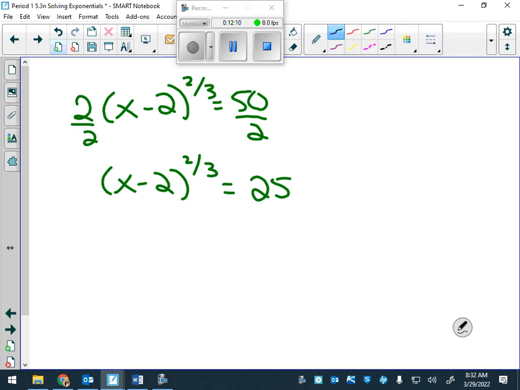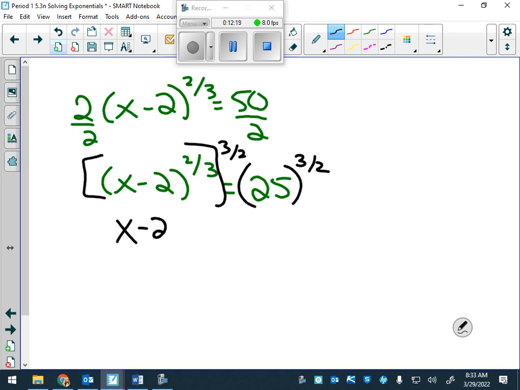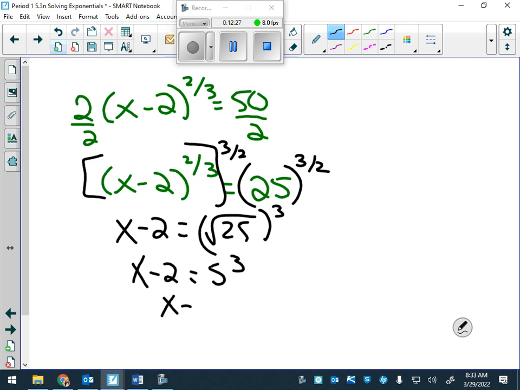Then again, you raise it to the reciprocal. x minus 2 equals the square root of 25 cubed. 5 cubed, 125. So there are just a few things that came up, just by looking.